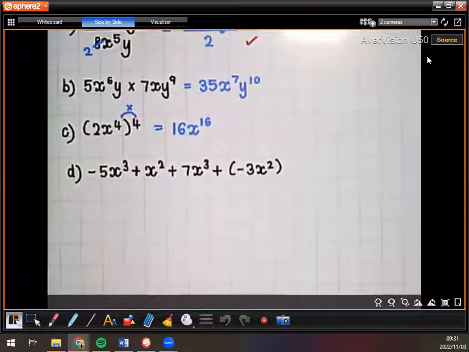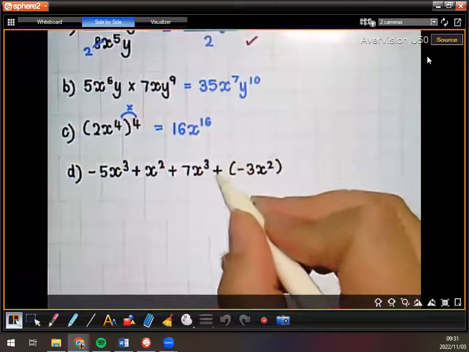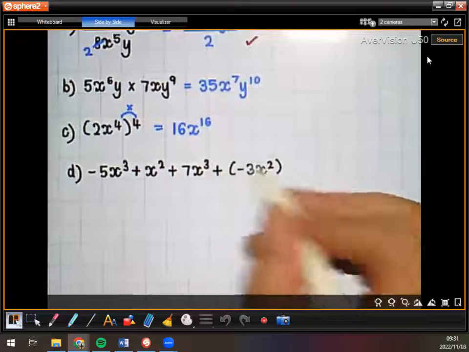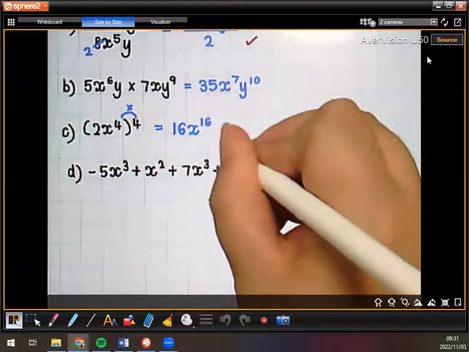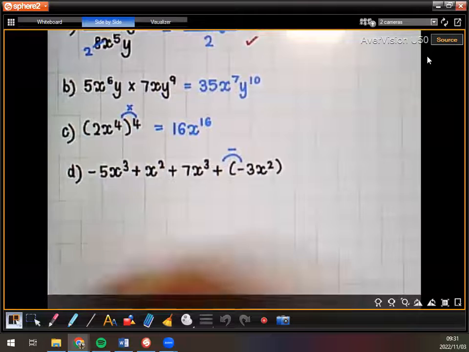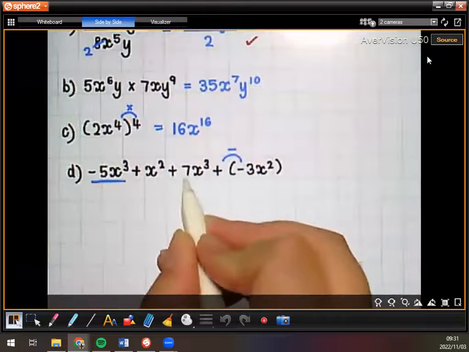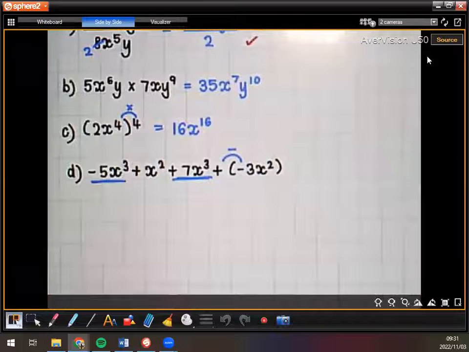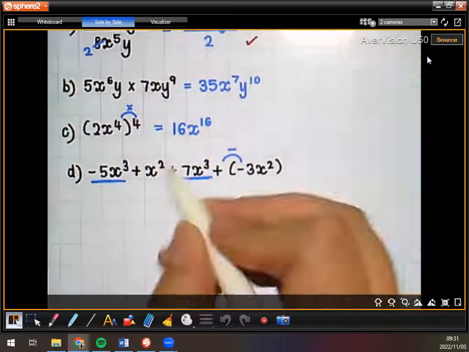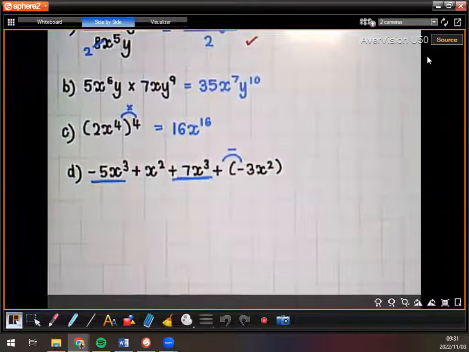Okay, D is an addition and subtraction question, right? So what I want us to do first is to just sort out what's happening here. What's a plus, a positive times a negative? Negative, hey. So that is going to be a minus 3x squared. Okay, let's look for like terms. We have a negative 5x cubed and a plus 7x cubed. Those are like terms. What's negative 5 plus 7? 2.